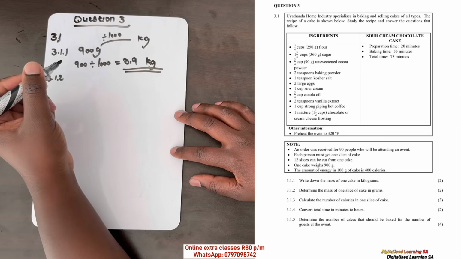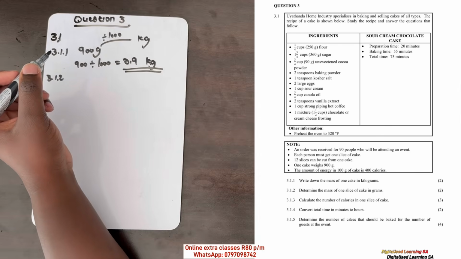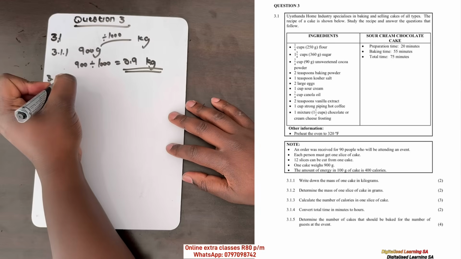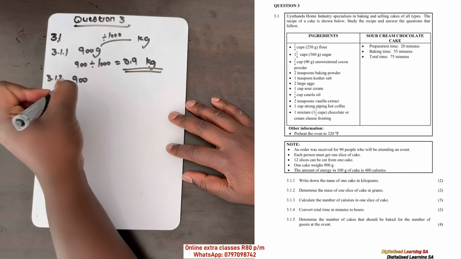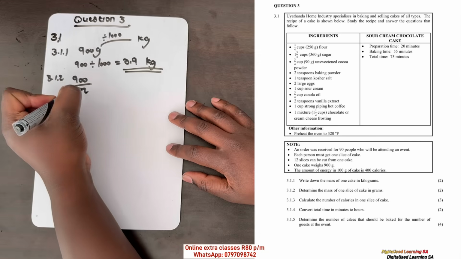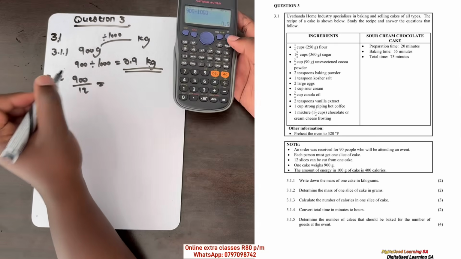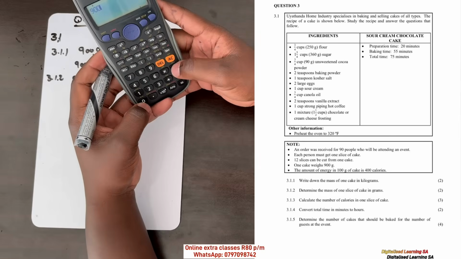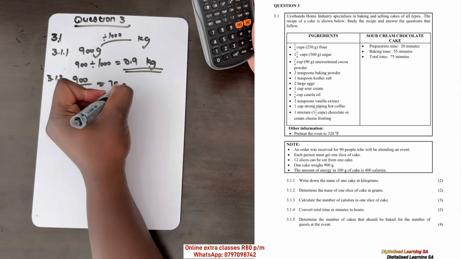So to determine the mass, which is the weight, we just need to say 900 divided by 12. Remember, it is already in grams, so we just divide only. So it will be 900 divided by 12, which is 75 grams.